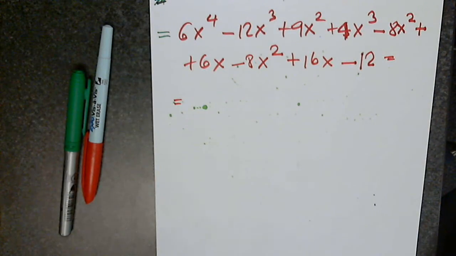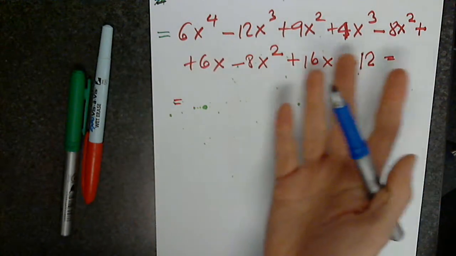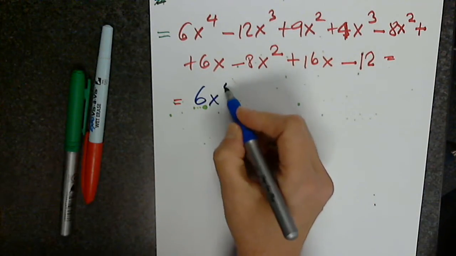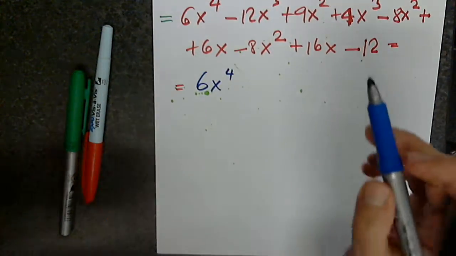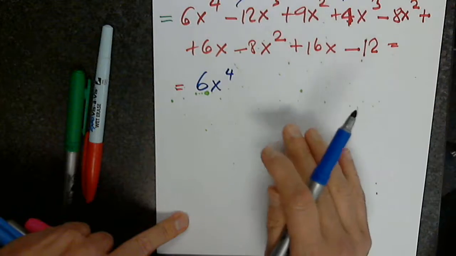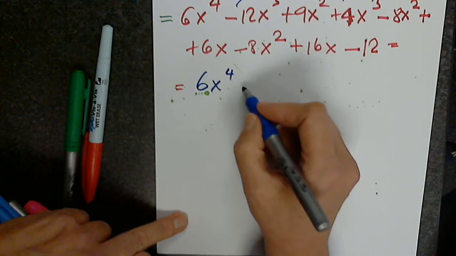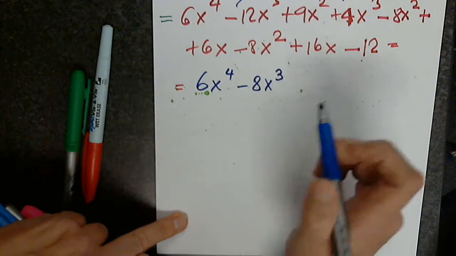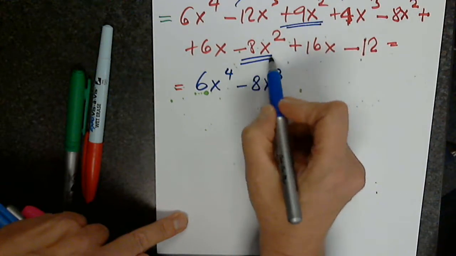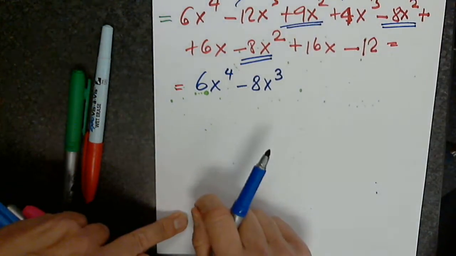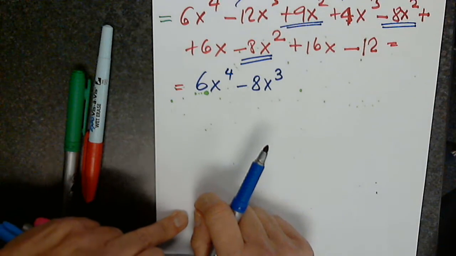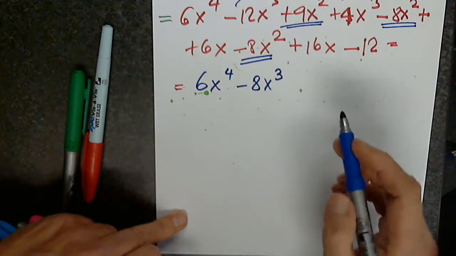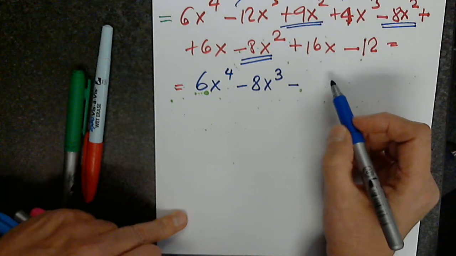4. So I have to start with 6x to the fourth, and it's by itself. And then I have these. Minus 8x. Good. Now I have this, and this, and this. Minus 15x.